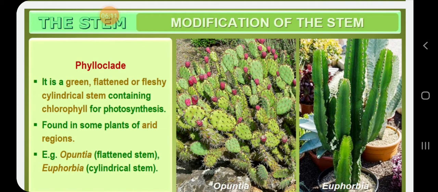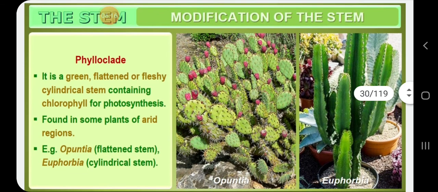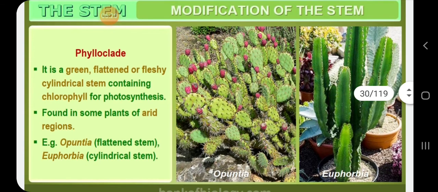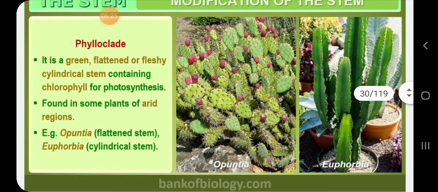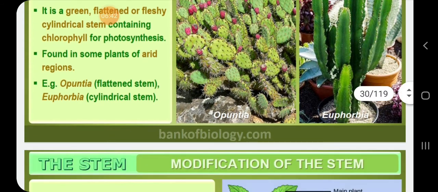In most other plants you can see that the stem is brown, but where the stem becomes fleshy green and has the purpose of doing photosynthesis, this is called phylloclade. So Euphorbia, Opuntia, these are found in some plants of arid region, that means desert region. Opuntia has a flattened stem, and Euphorbia a cylindrical stem.